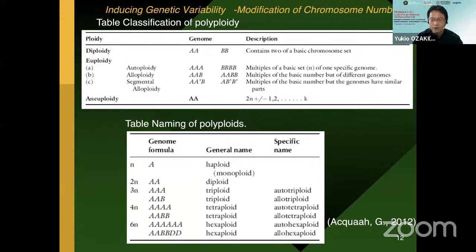In contrast, when a combination of genomes from different species are involved, the term alloploid or allopolyploid, and similarly alloploidy or allopolyploidy, is used. Alternatively, the term amphidiploid or amphiploid, and similarly amphiploidy or amphidiploidy, is also used to describe polyploids with different genomes.